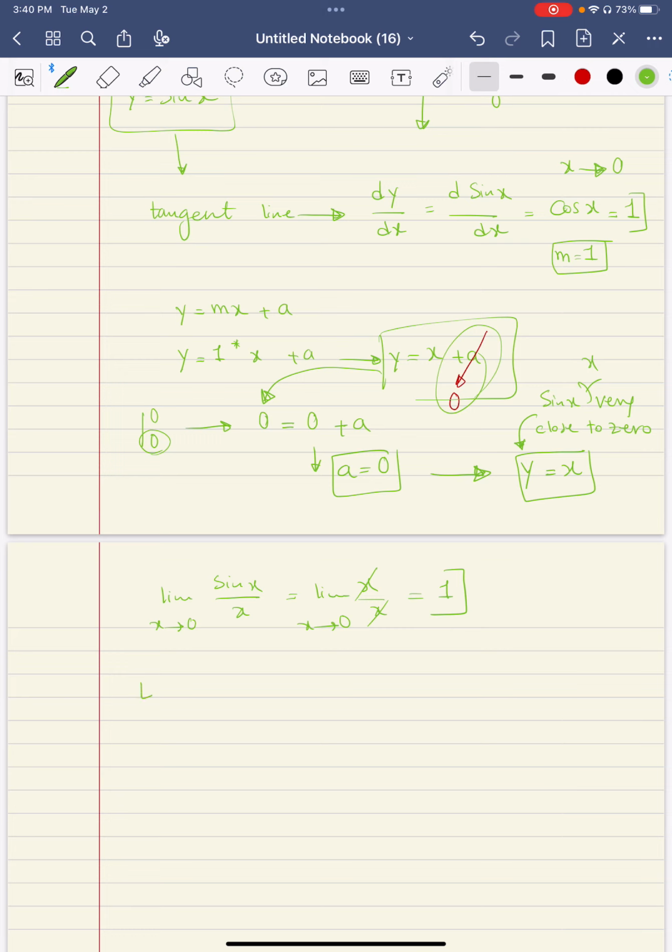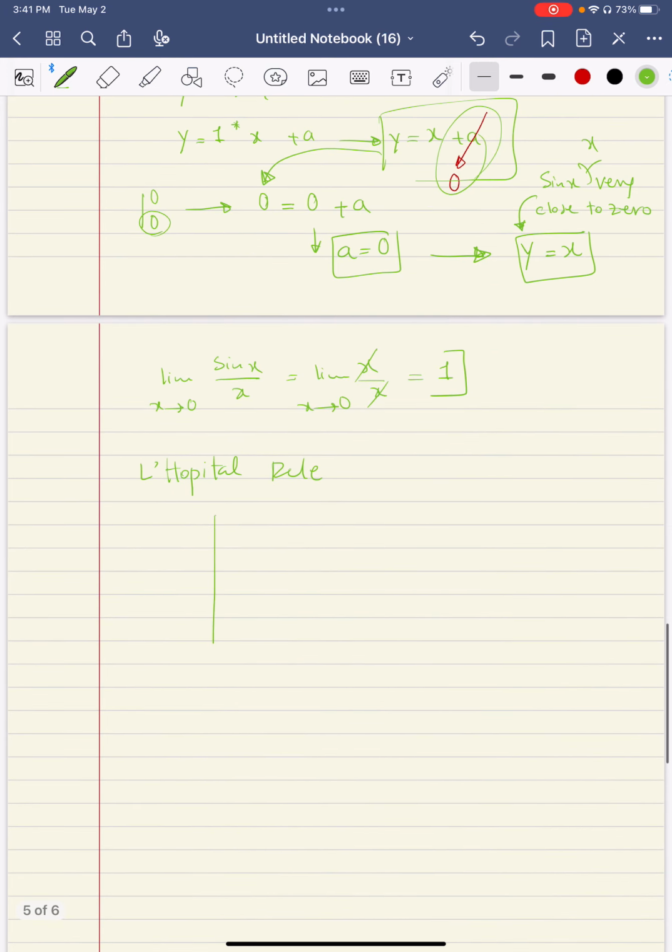So the L'Hopital rule is basically saying that when you zoom into any graph, you will get to a line. It can be cosine, it can be tangent, it can be sine, it can be anything, right? When you are very close to 0 in here or here, you will only see a line.